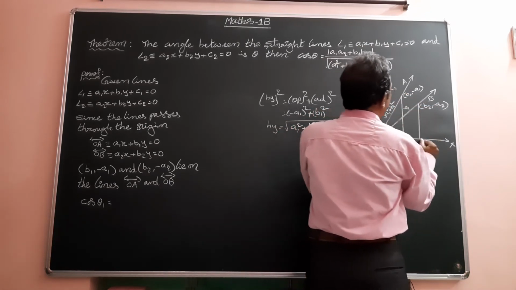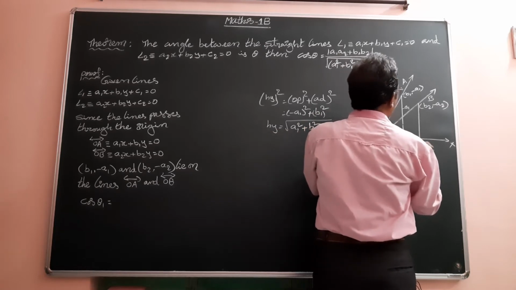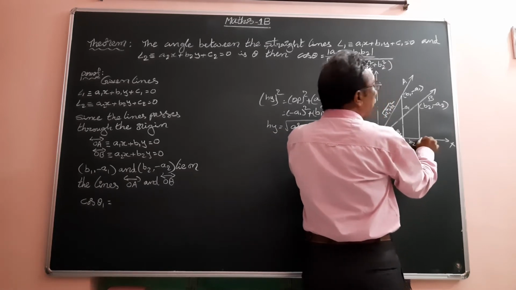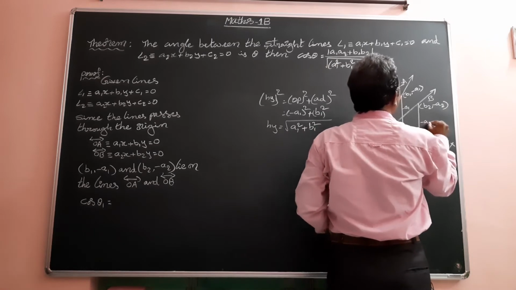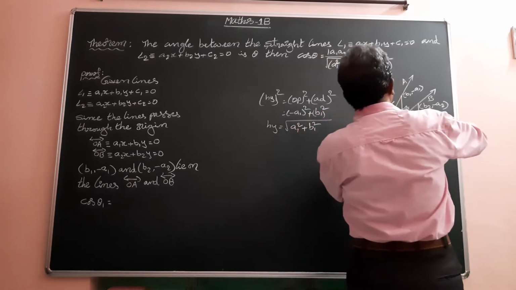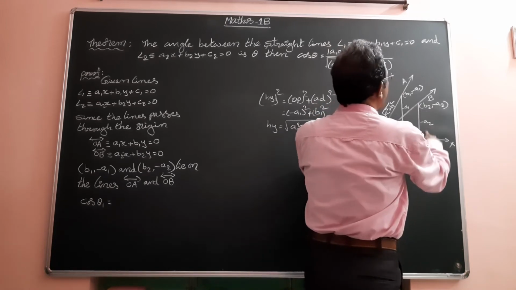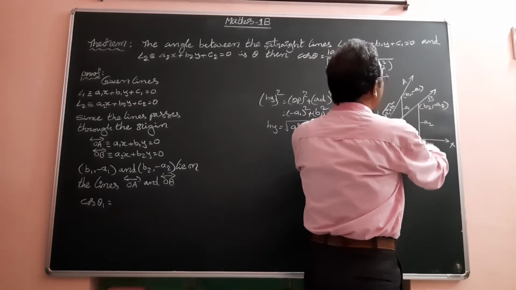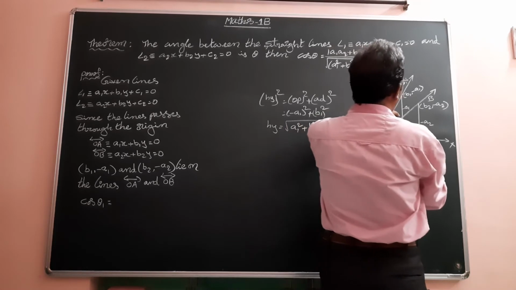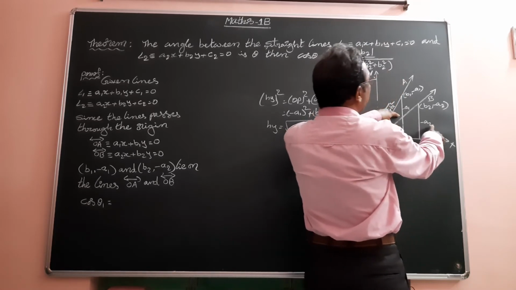Now you find out this is also a right angle triangle. In this right angle triangle, this distance is b2. This one is minus a2. Now we find out this hypotenuse also, of the second triangle. Hypotenuse whole square equal to opposite square plus adjacent square.